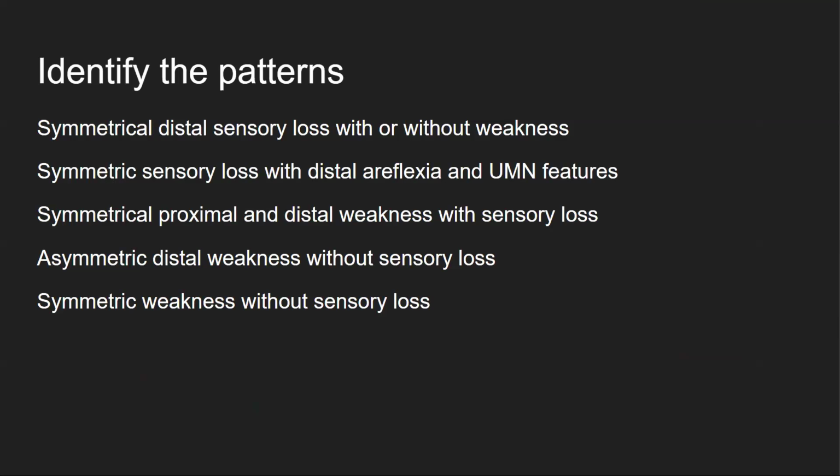Does it sound like a small fiber neuropathy, like in a case of diabetes? Yes, it is a peripheral neuropathy, but we are going one step beyond and asking which kind of peripheral neuropathy this is. In diabetes, we read about the stocking and glove pattern. It is a symmetrical distal sensory loss. Weakness could be there, could not be there. Understood?